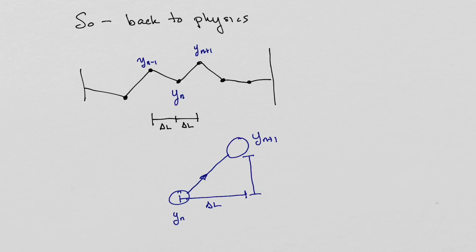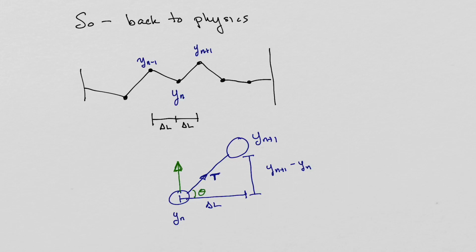Well, what is this height difference? It's y sub n plus 1 minus y sub n. It's how high is the n plus 1th bead compared to the nth bead. And so when I look at this tension force, and I try to find out what is the component of the tension that's going to cause it to move up and down, let me throw a theta on here.